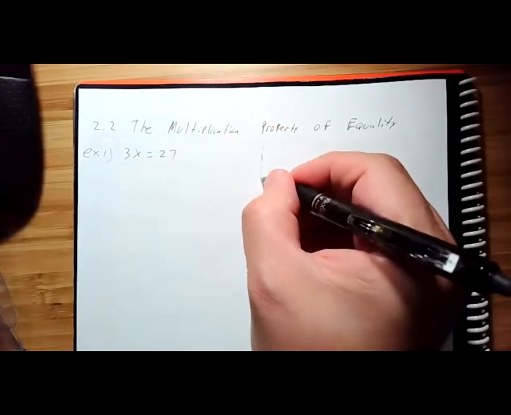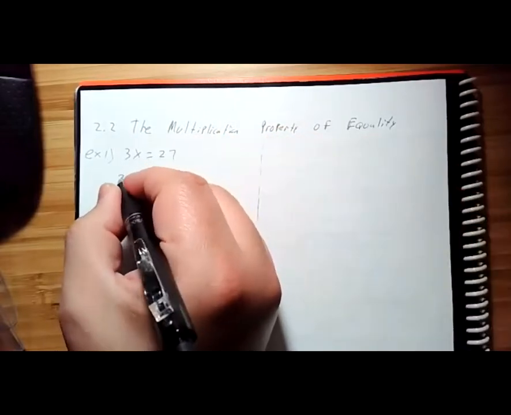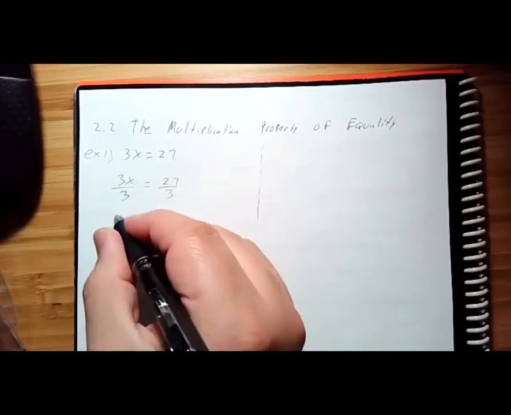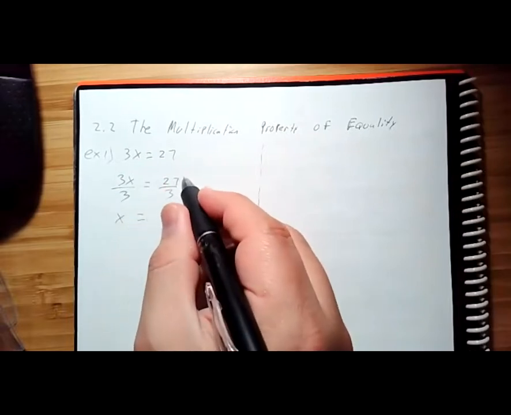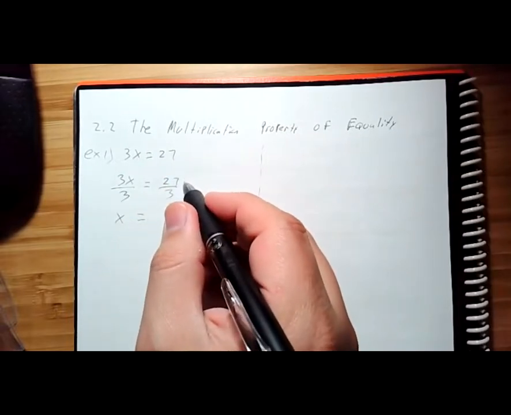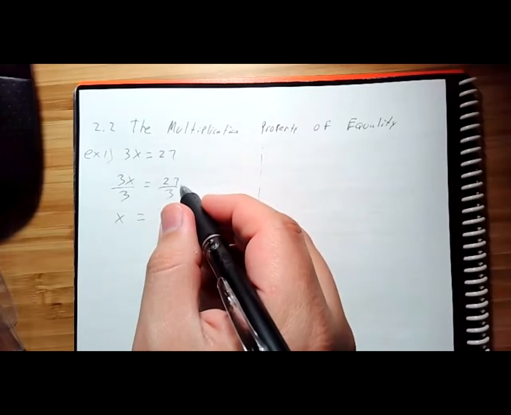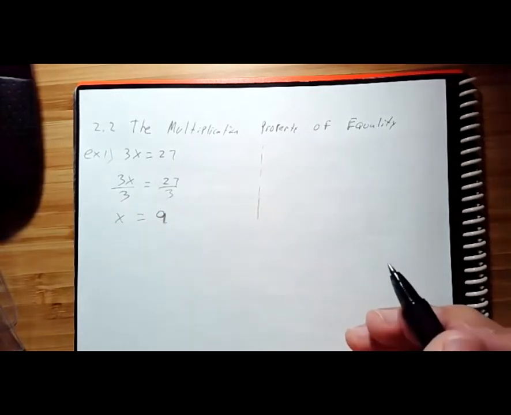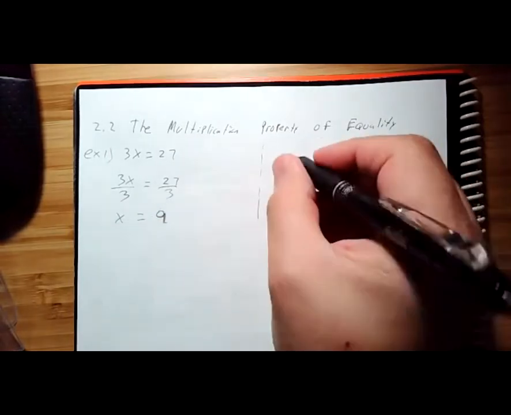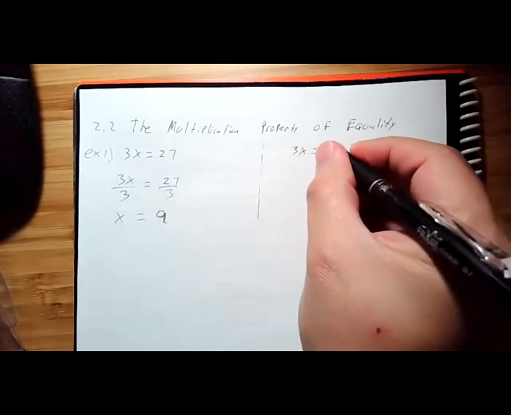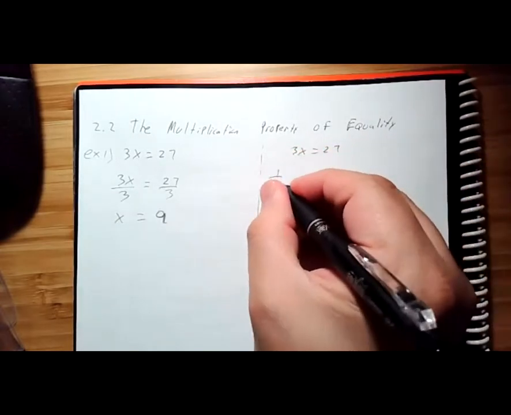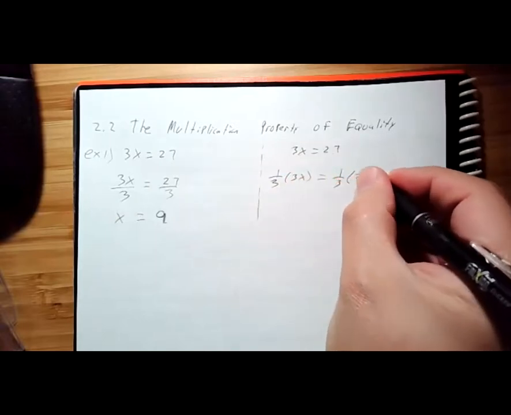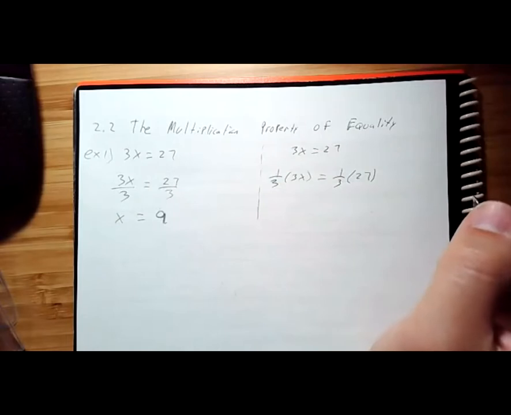So we can either divide both sides by 3, which is perfectly fine, giving us what? What is 27 divided by 3? Does it reduce? It's 9. So no big deal, right? Now you could also say, and multiply both sides by 1/3. That is the same thing. Most of the time, most people don't do that unless they have to.